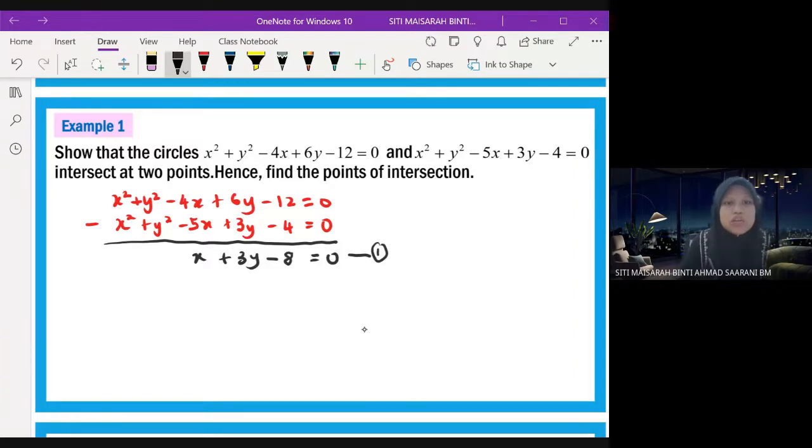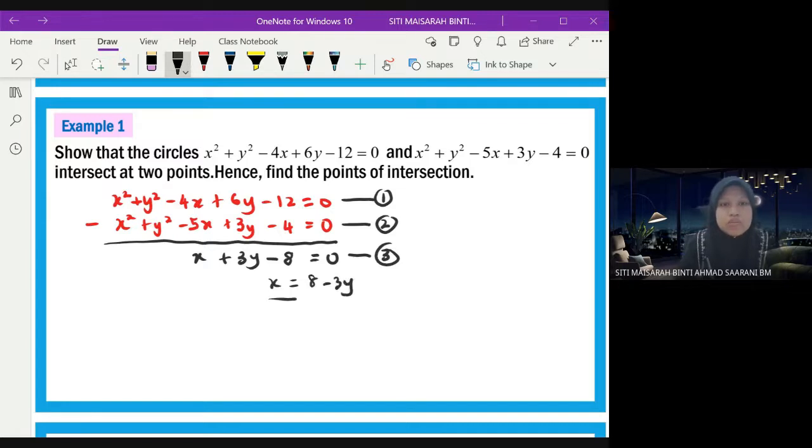Okay. So then equation 1 ni kita boleh substitute dalam mana-mana equation circle kita ni. Contohnya, let's say ni equation 1, ni equation 2, ini equation 3 lah. Now kita sub. Sebelum kita nak sub, kita boleh buat dia jadi satu variable lah. Maksudnya satu subjek. Contohnya kalau kita buat x is equal to 8 minus 3y.